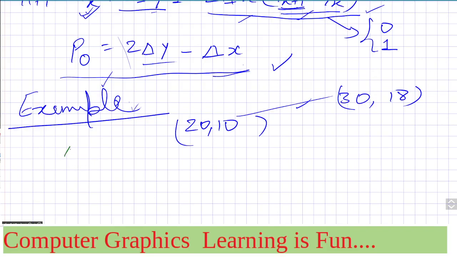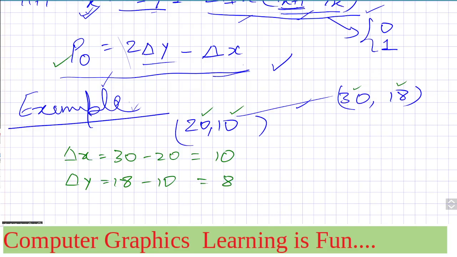First of all, we will find delta x. What is delta x? 30 minus 20, which is 10. Delta y is 18 minus 10, which is 8.